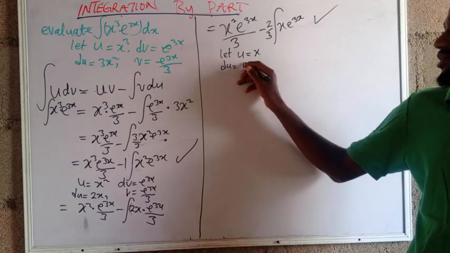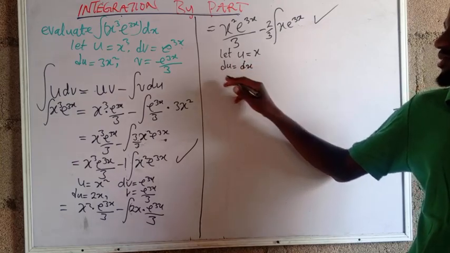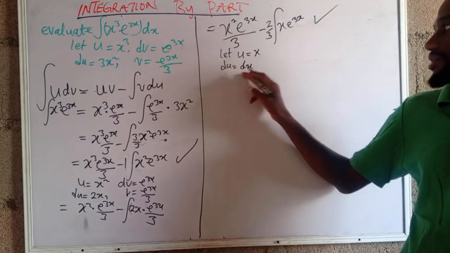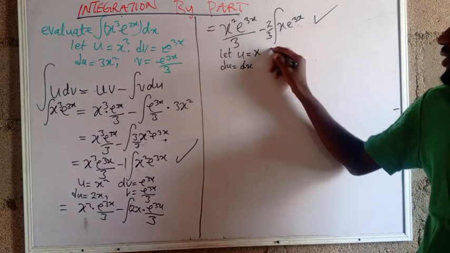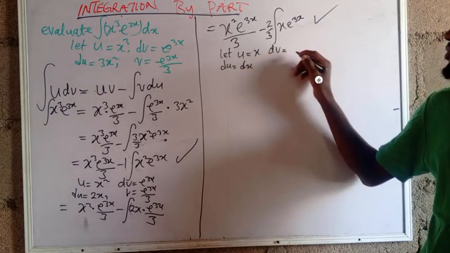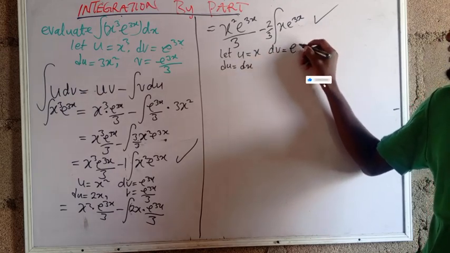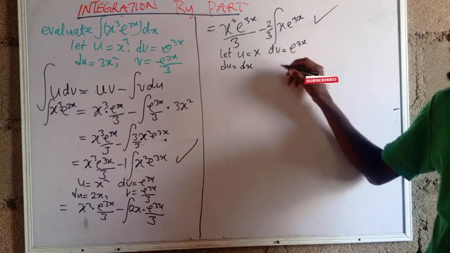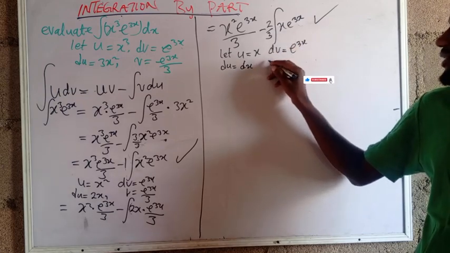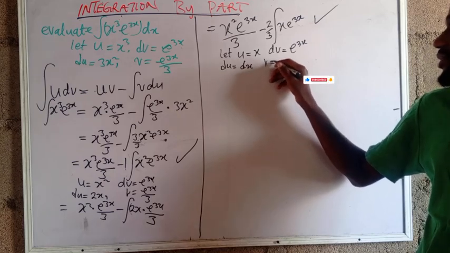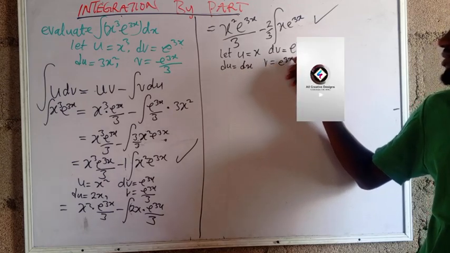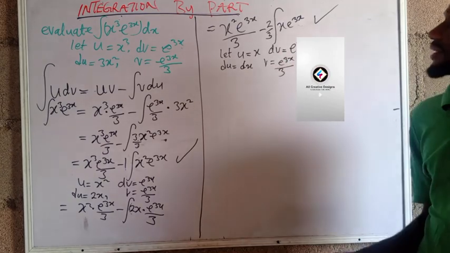Remember that du is equal to dx. Since du is equal to 1, then du is equal to dx. Then we have our dv equal to exponential 3x. Then if you integrate v, you will get exponential 3x all over 3.